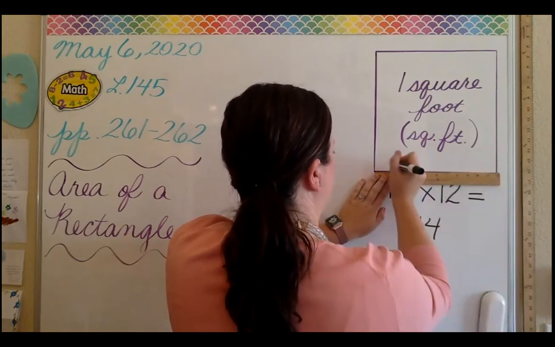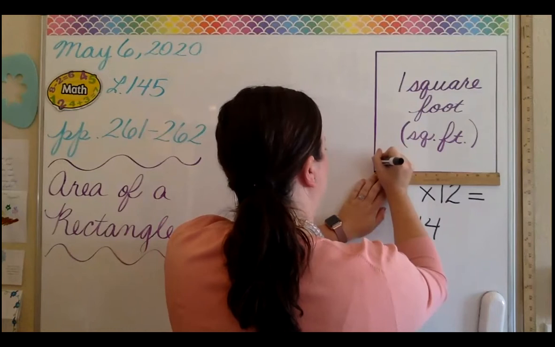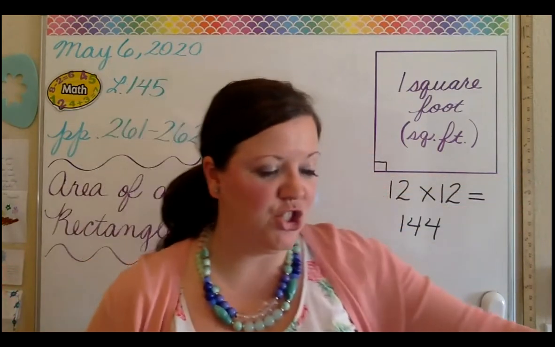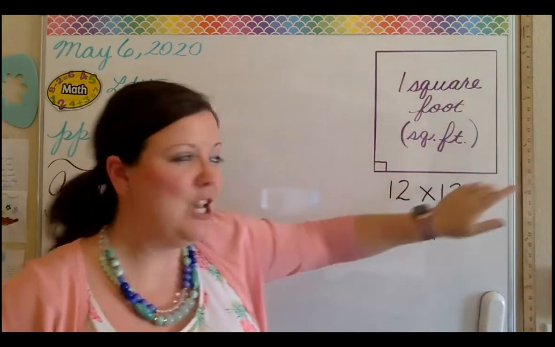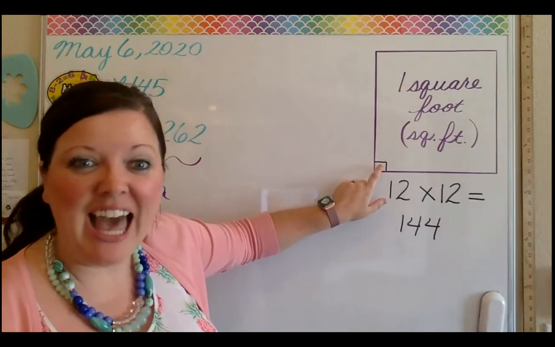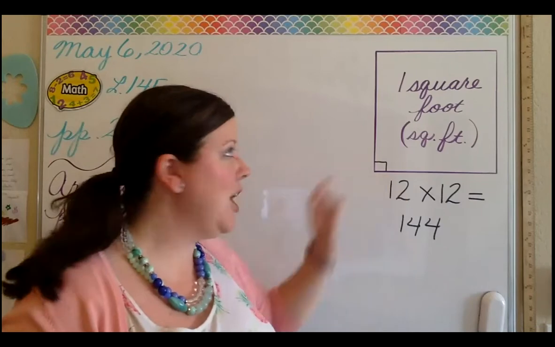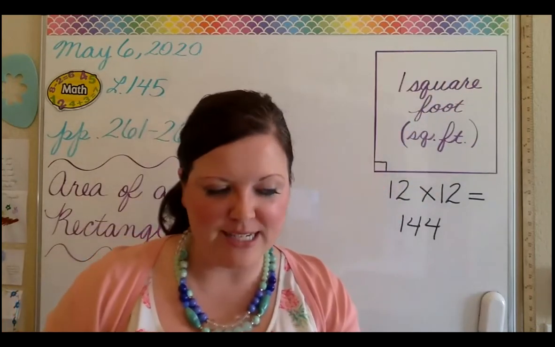Okay, there's 1 inch up and 1 inch over. That is 1 square inch. If I were to fill this square foot with these square inches, I would have to draw 144 of them. 144 could fit inside of that 1 square foot.